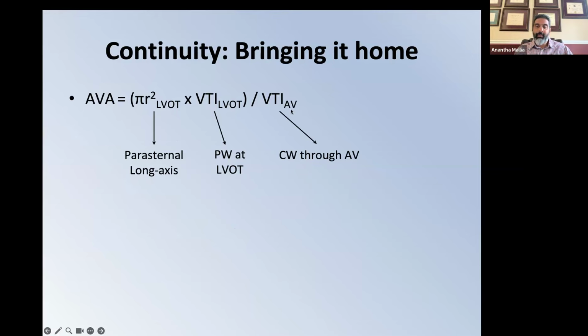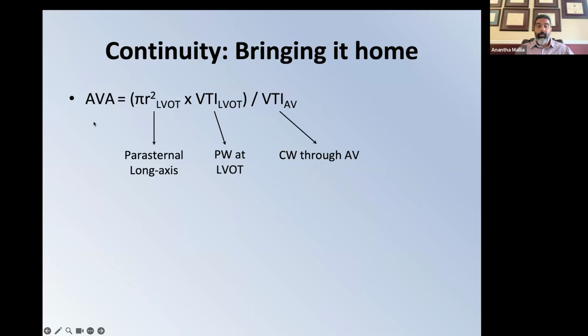And then you divide it by the aortic valve VTI, which is obtained by taking continuous wave Doppler in your apical 5 or 3 chamber view, all the way through the aortic valve. Okay, and then you just solve for aortic valve area. So this is how we manipulate the numbers to solve for aortic valve area.